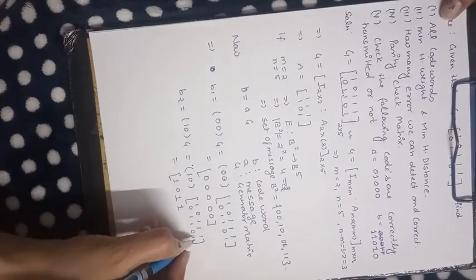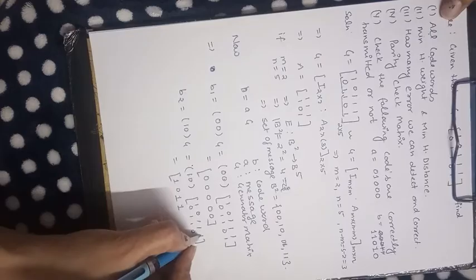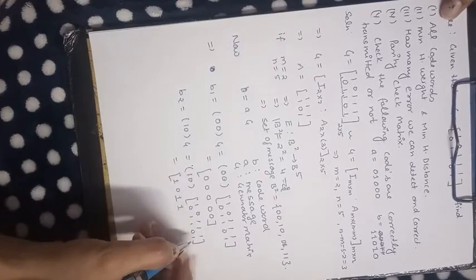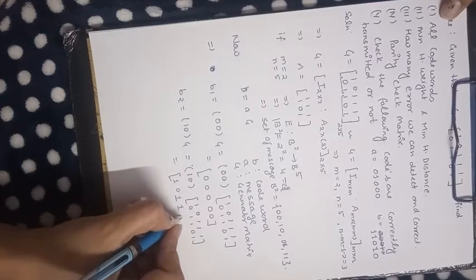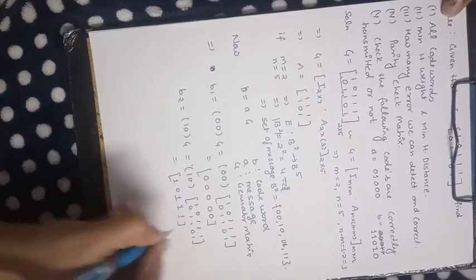And last, 1 into 1 is 1 and 0 into 1 is 0, 1 divided by 2, we get the remainder 1.